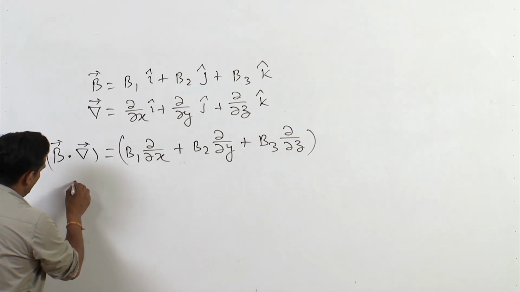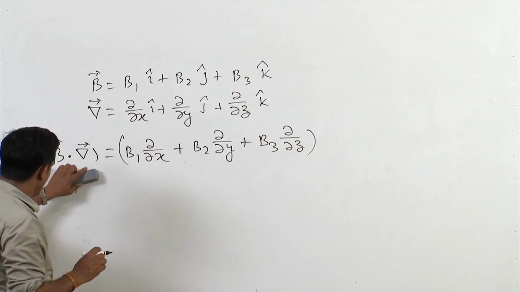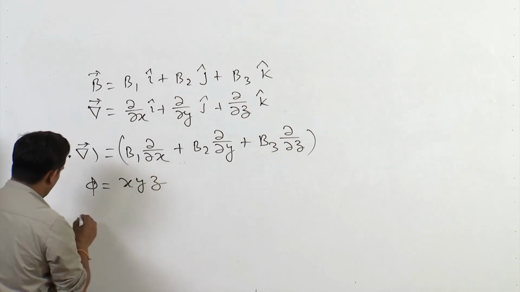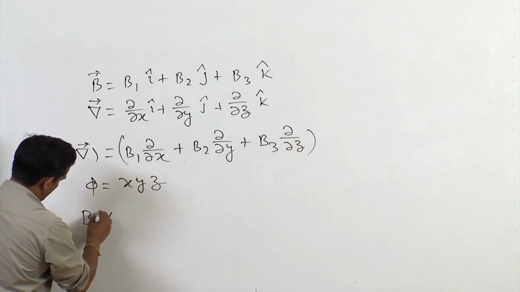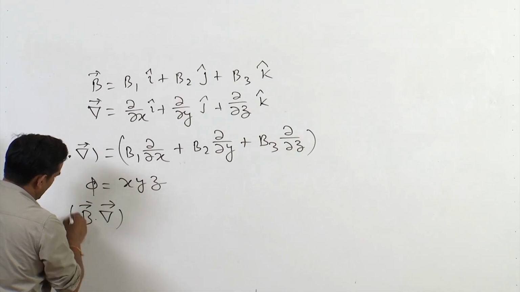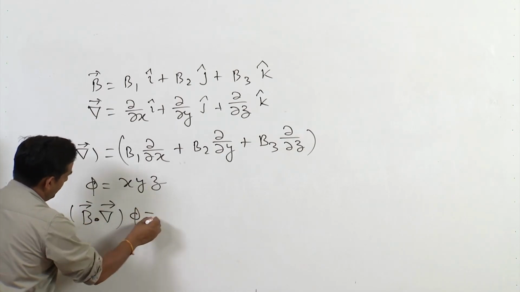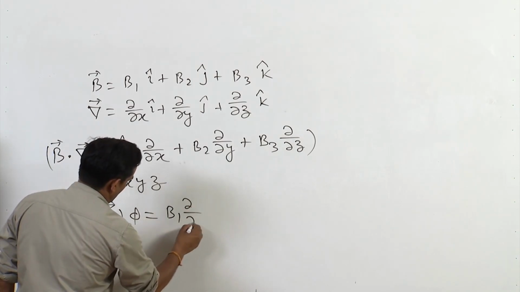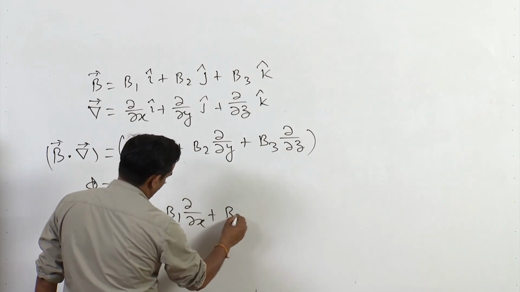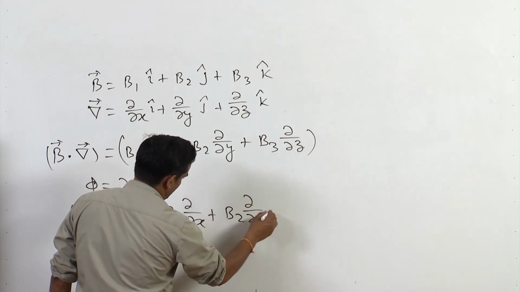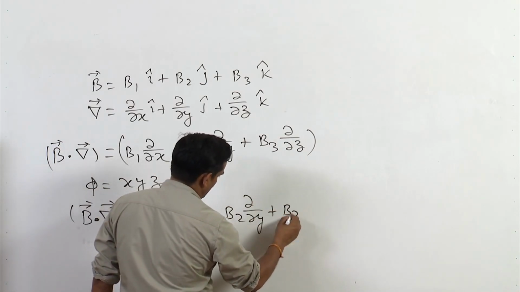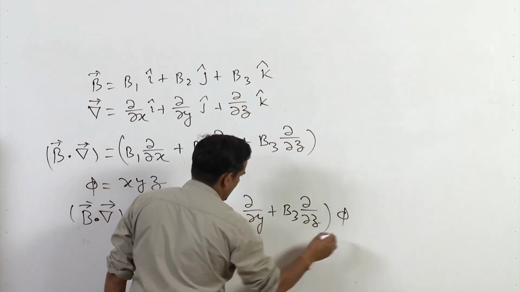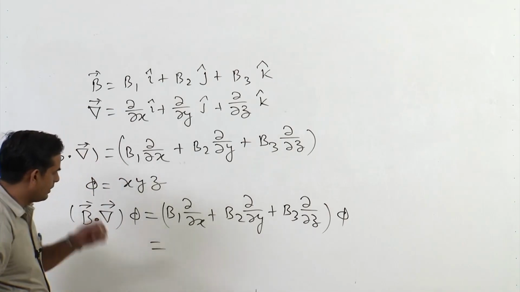For example, if I want some scalar function phi, so let us say phi is xyz, then B dot del phi will become B1 del by del x plus B2 del by del y plus B3 del by del z, operating on phi.